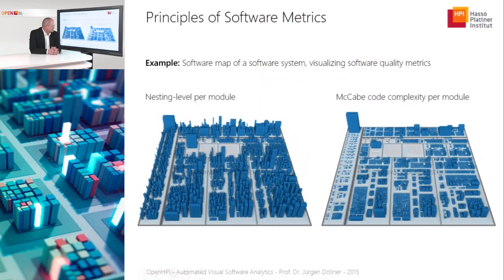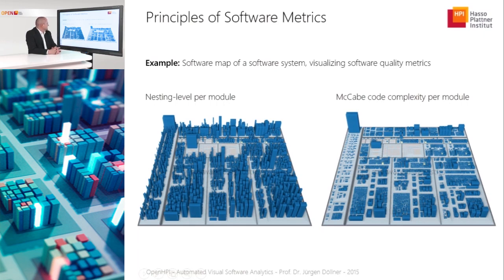In the illustration here, you see two visualized software metrics, one regarding the nesting level per module and another one the McCabe code complexity metrics, also visualized per module. In both cases, we have software maps that are used to visualize the metric measurements.